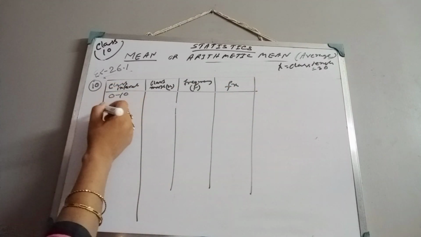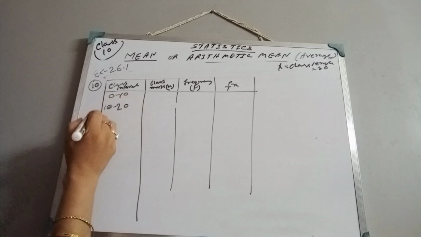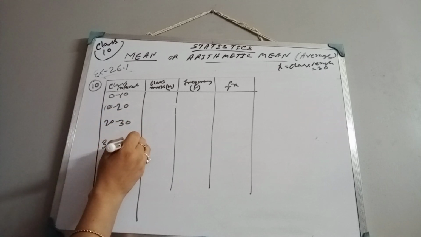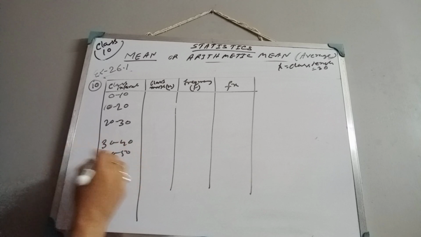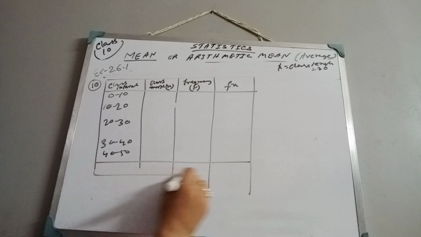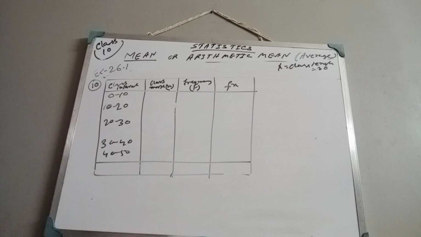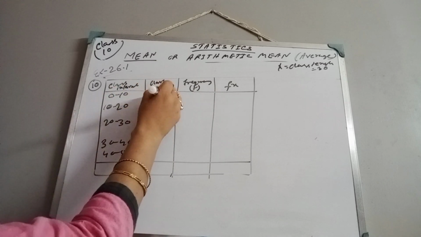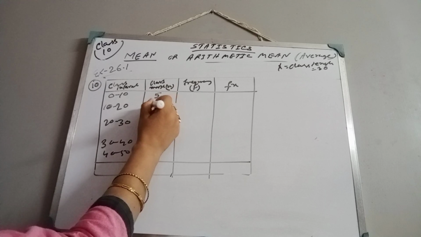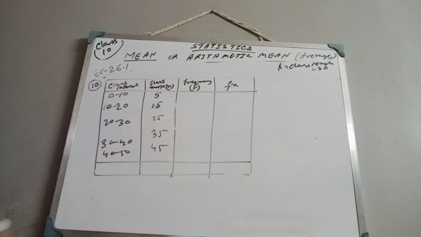This type of sum we have already done. 0 to 10, 10 to 20, 20 to 30, 30 to 40, 40 to 50. Now class mark: 10 plus 0 by 2 is 5. First is 5, next is 15, that means a gap of 10. Next is 25, next is 35, next is 45.